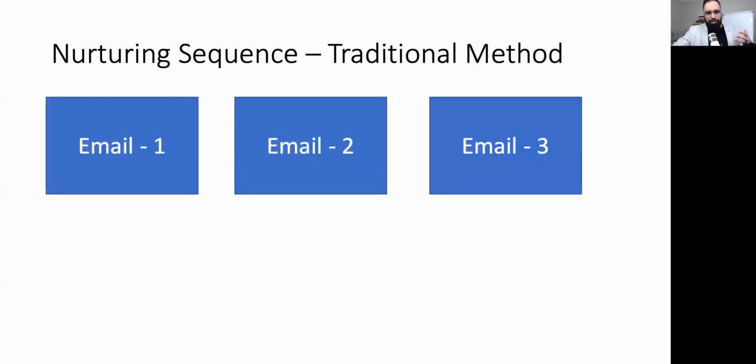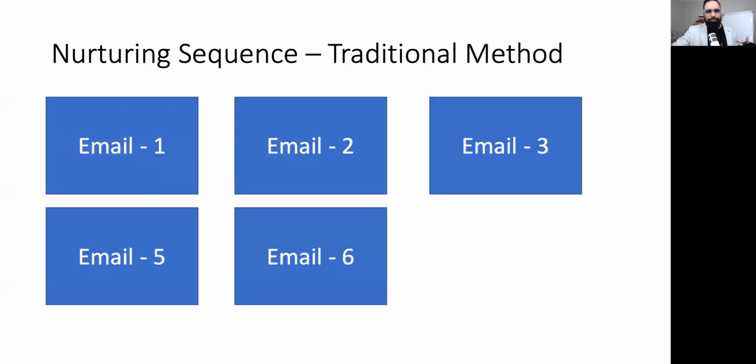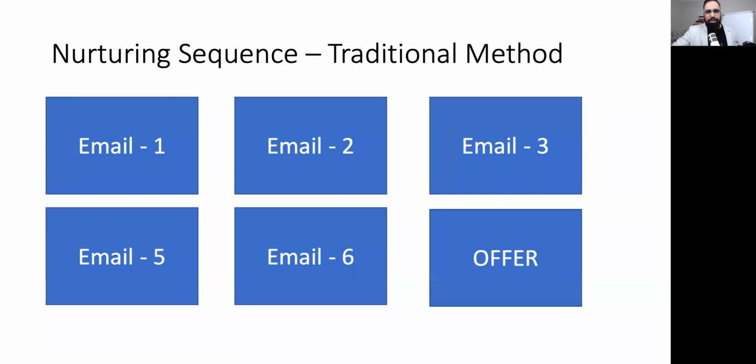A nurturing sequence is step 1, step 2, step 3, step 4, step 5. That means email 1, email 2, email 3, email 4. Then after a certain period of time, at email 4 or 5, we make them an offer. Hey, this is available, come and attend my personal training session. Hey, this month I'm giving my remedial massage for $50.